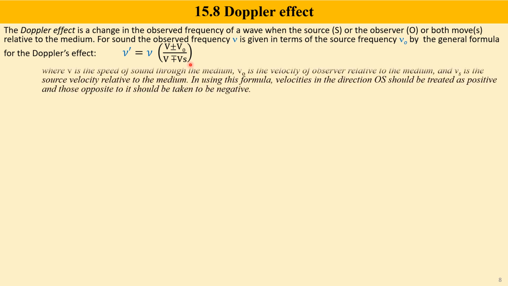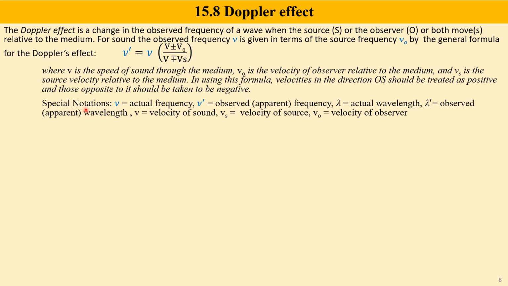Here in this formula, v is the speed of sound through the medium. v naught is the velocity of the observer relative to the medium, and vs is the source velocity relative to the medium. In using this formula, velocities in the direction from observer to the source should be treated as positive, and those opposite to it should be taken as negative.